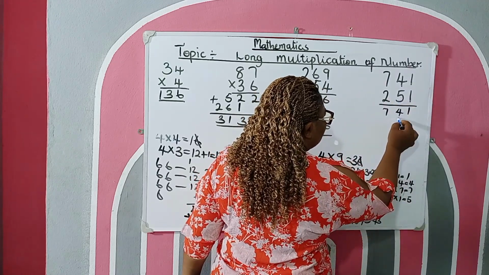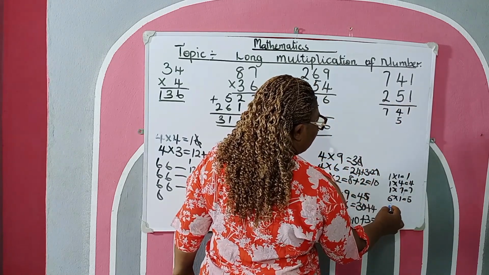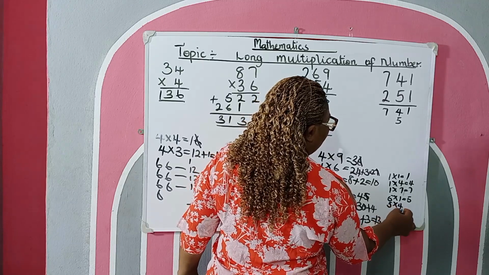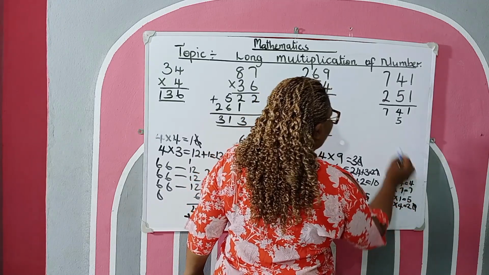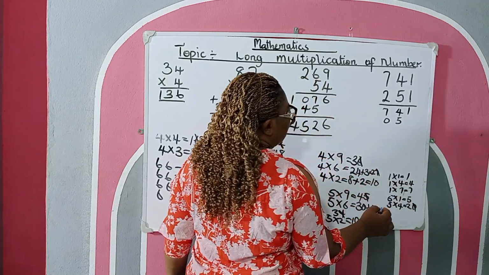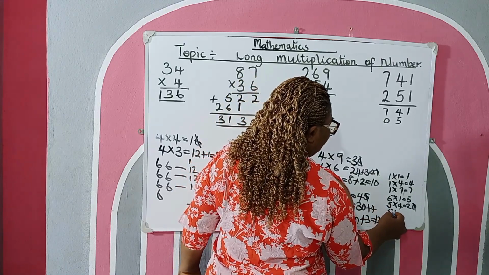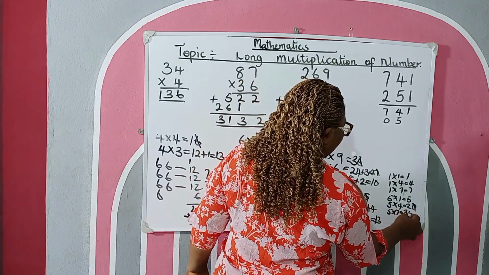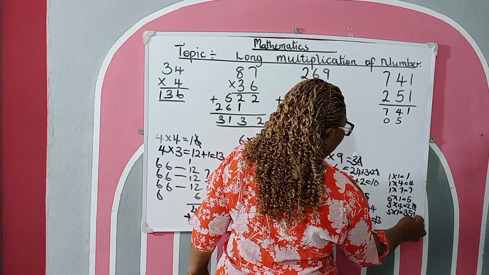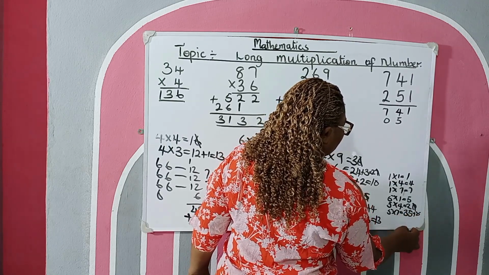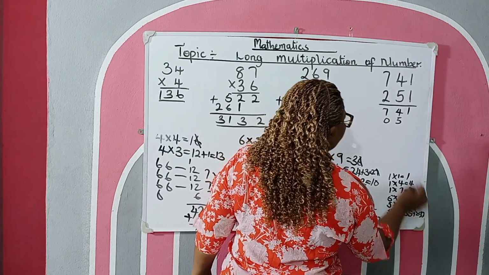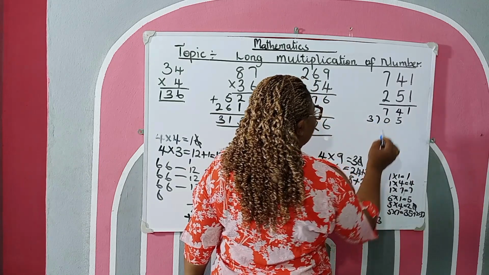I write 5 under 5. Again, 5 times 4 will give us 20. We write 0. 2 is still there. 5 times 7 will give us 35. 35 plus 2 will give us 37. And we write 37.